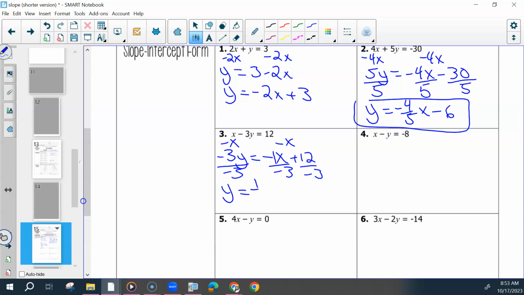So it'd be 1/3. So anytime you don't have a number in front, you have to change that to a fraction 1/3 or negative, depending on the equation. Okay. Any questions, confusions on this so far?